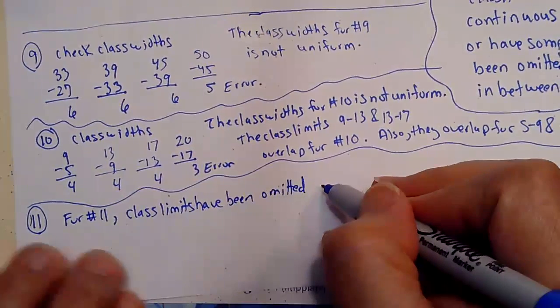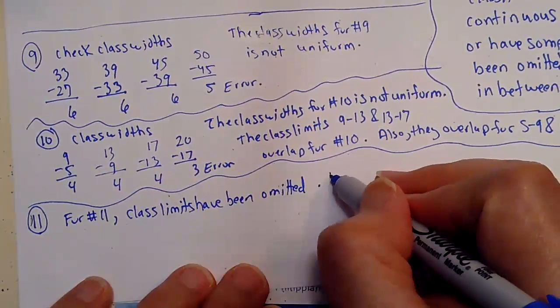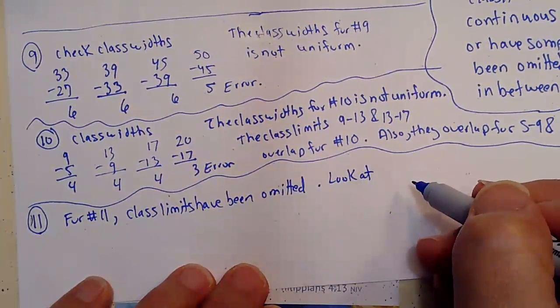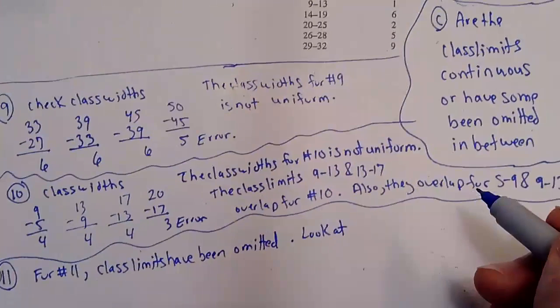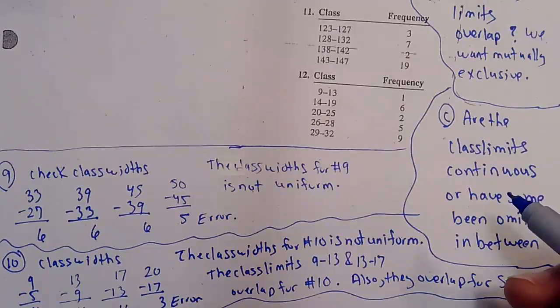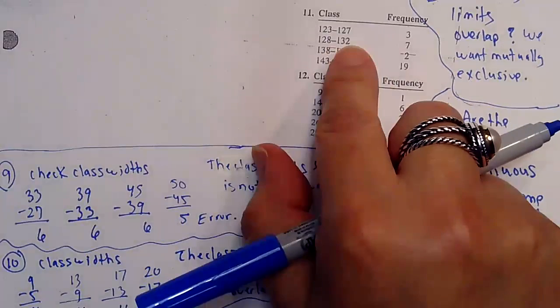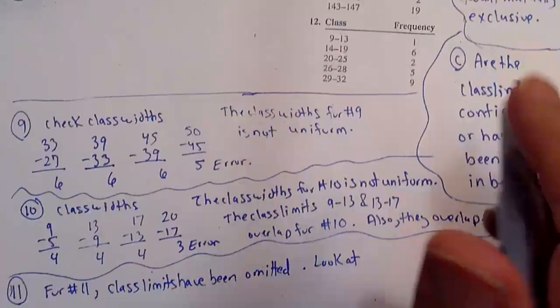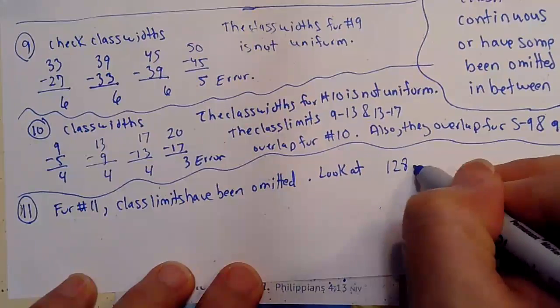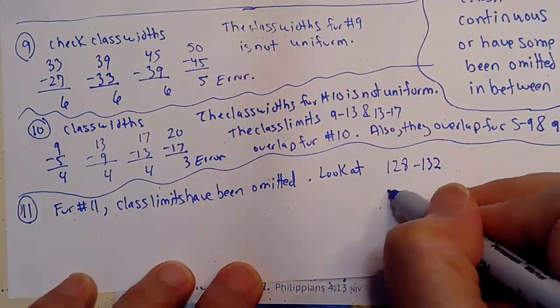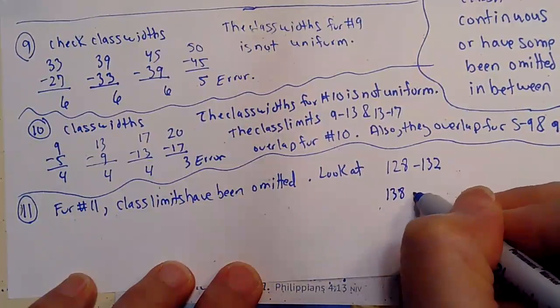Okay, so let's see, for number 11. It looks like from 128 to 132. Look at 128 to 132, and then look how it jumped from 138 to 142.